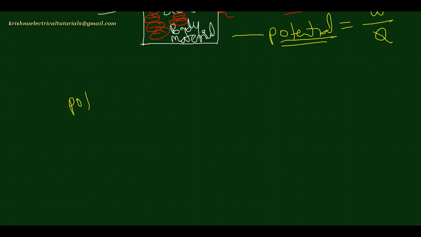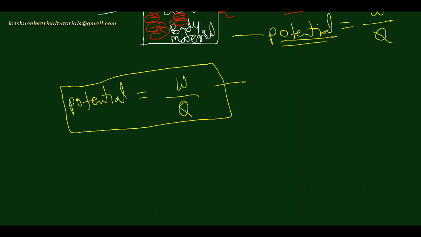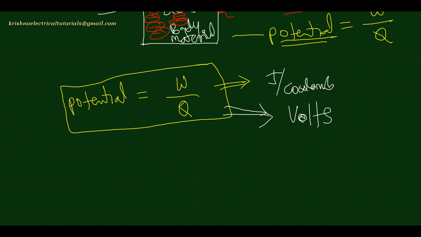So what is potential? Potential is work done per unit charge, and this can be expressed in joules per coulomb or volts, okay, and simply if W equal to 1 joule and Q equal to 1 coulomb, then what is the potential now?